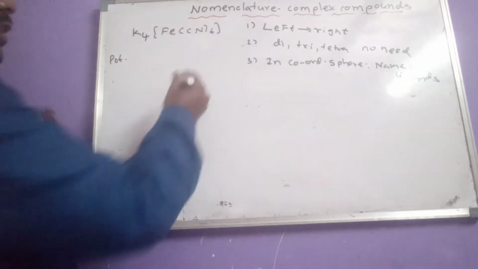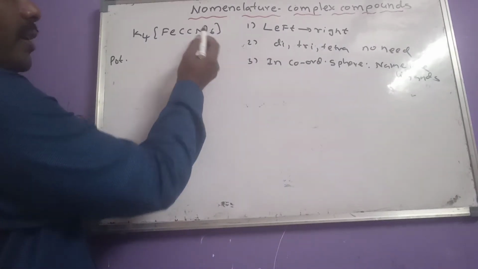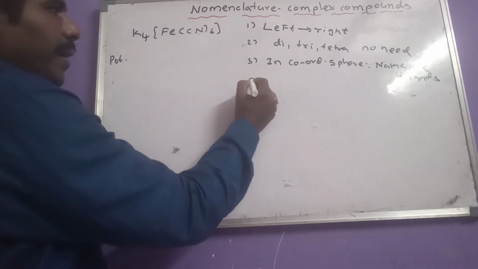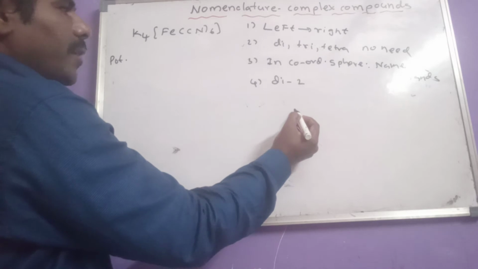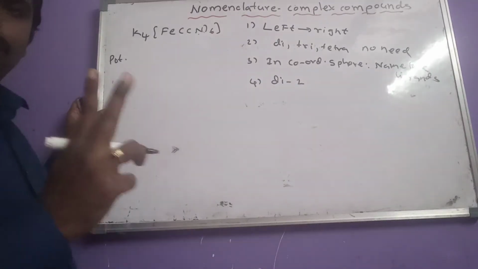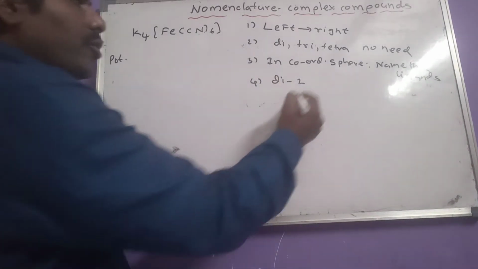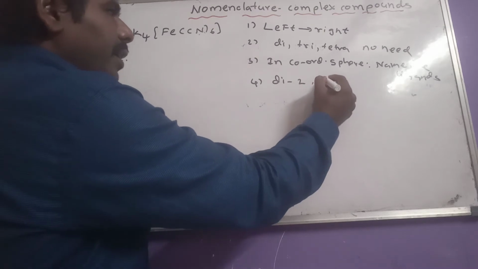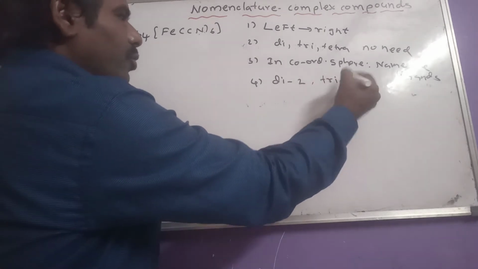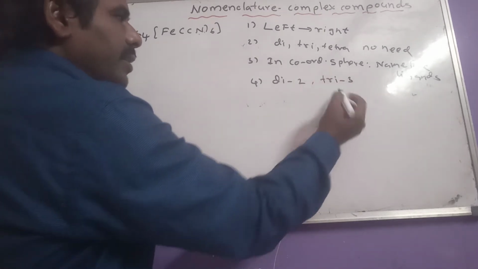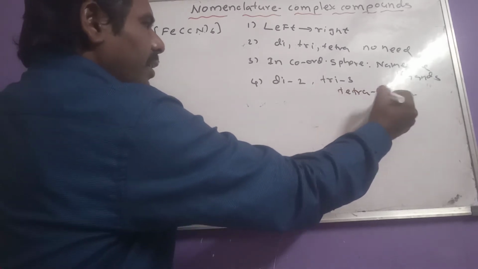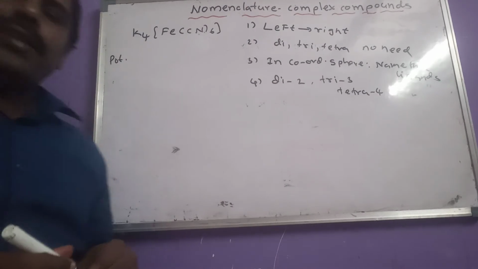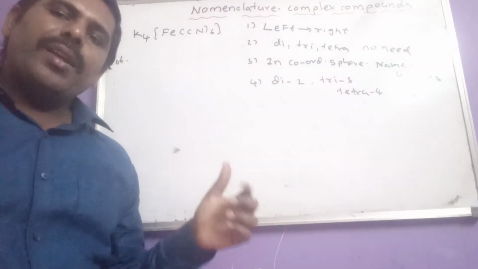If more than one ligand is present, that number should be indicated: di if two same ligands are present, tri if three, tetra if four, penta if five, hexa if six.